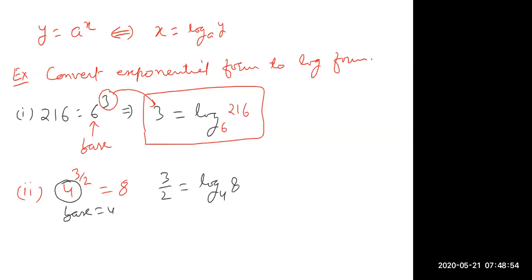Take one more example. Third: two raised to power minus 5 is equal to 1 upon 32. Write this.